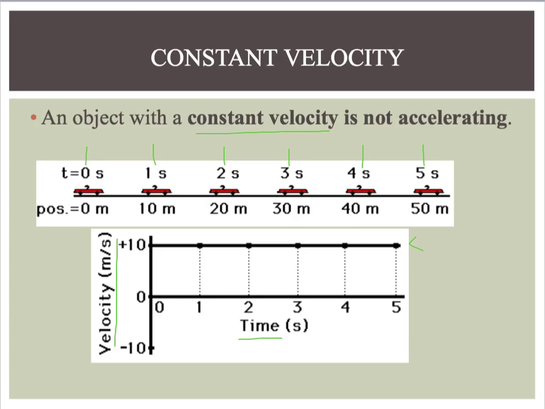So that means that this line here is level with the ground, it's horizontal, because my velocity is starting at 10, and every second that passes, it's still 10 meters per second. So it doesn't go up or down, it just goes straight across. Now if the velocity were to change, that's when we would see it go up or down on the graph.